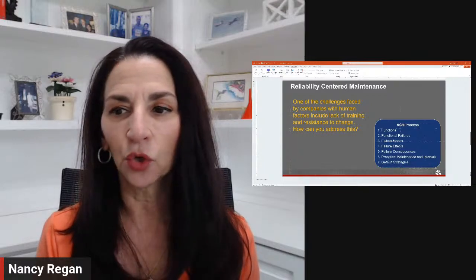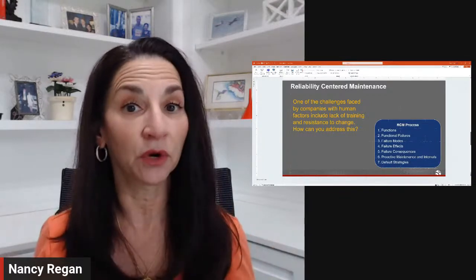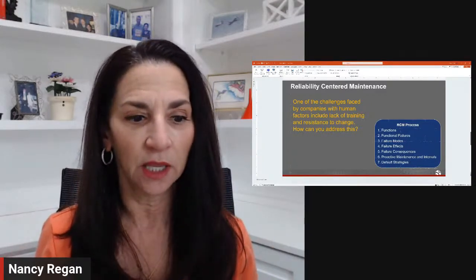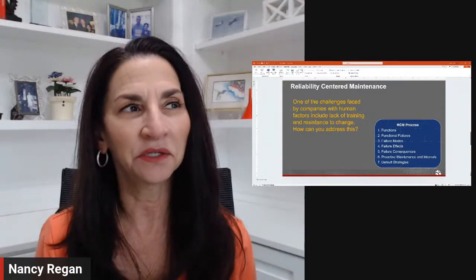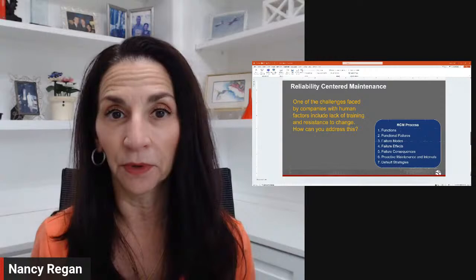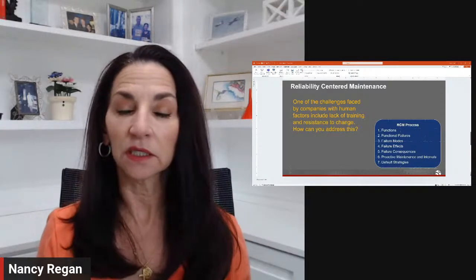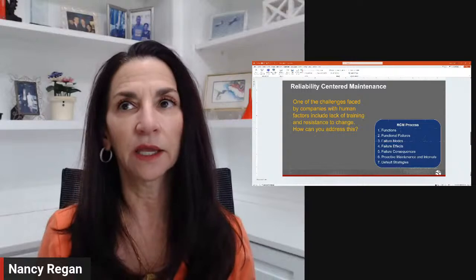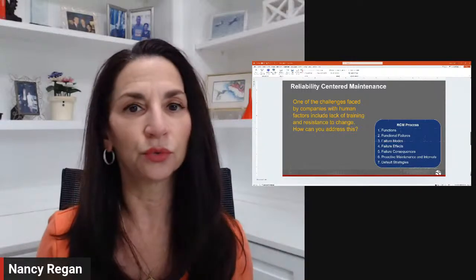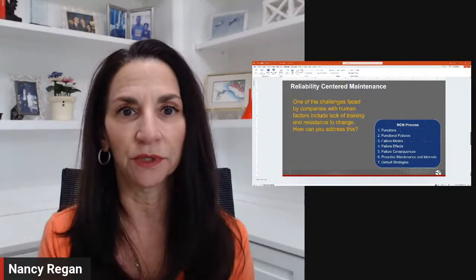We hear the term human error in our industry, and to a very large degree, it's kind of like we're blaming people. And let's face it, sometimes people mess up. Sometimes people do the wrong thing just because they're humans.